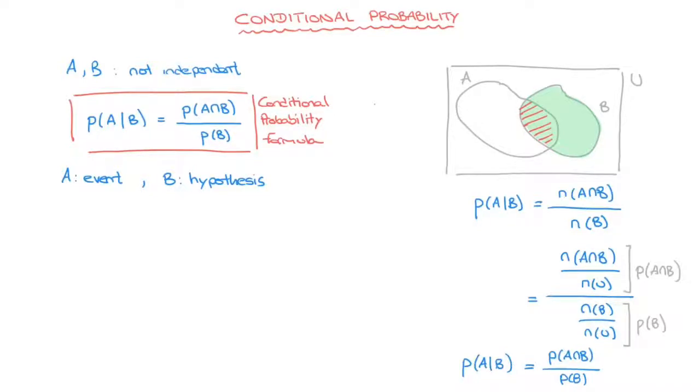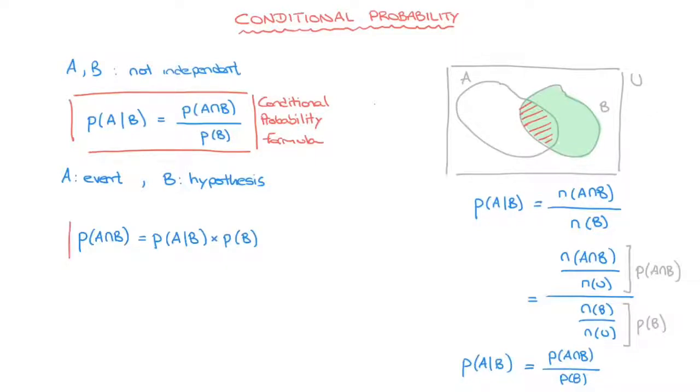On top of that, we'll often rearrange this formula to find a formula for the probability of event A and B occurring. Indeed, we can rearrange this formula to state that the probability of A and B occurring equals the probability of event A occurring given B has occurred times the probability of event B occurring.